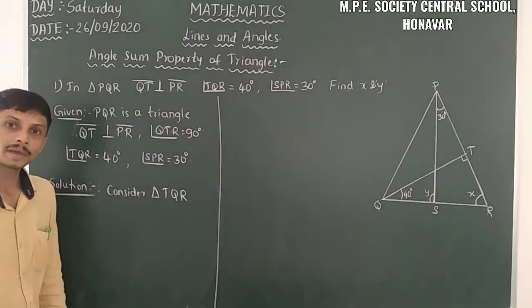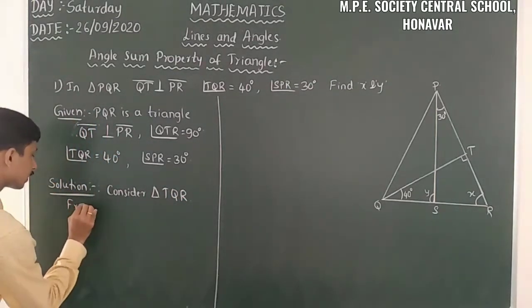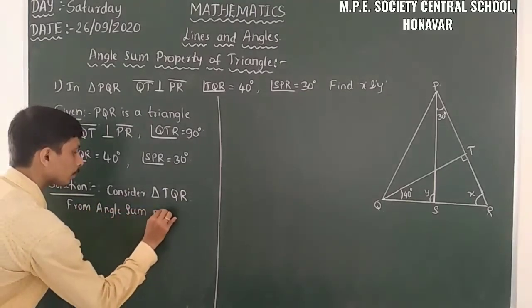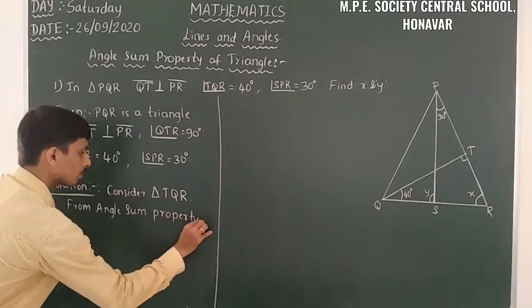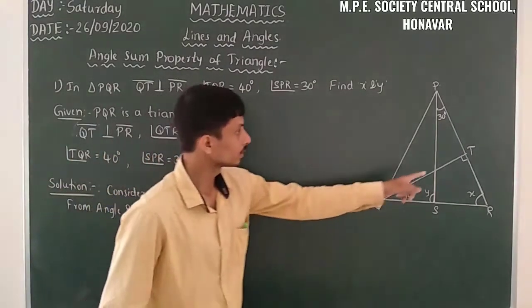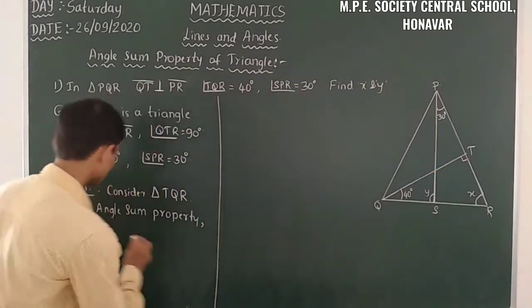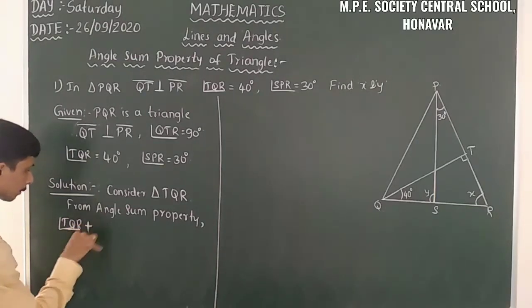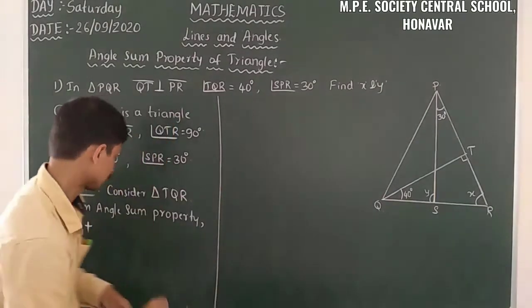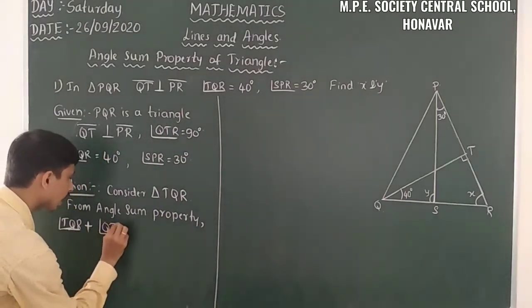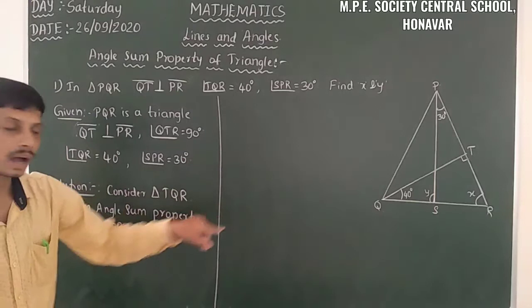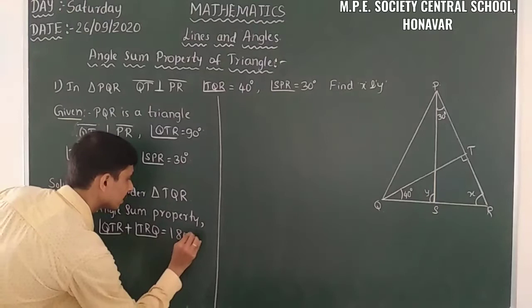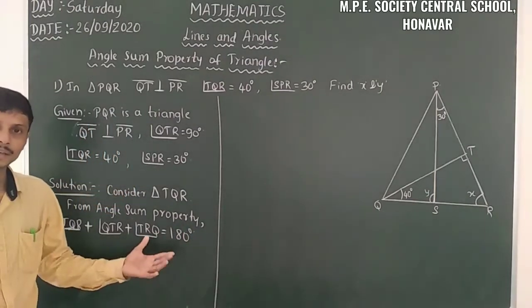Then from the angle sum property, what happens here? Angle TQR plus angle QTR plus angle TRQ is equal to 180 degrees. That is, the sum of angles of a triangle is 180 degrees.